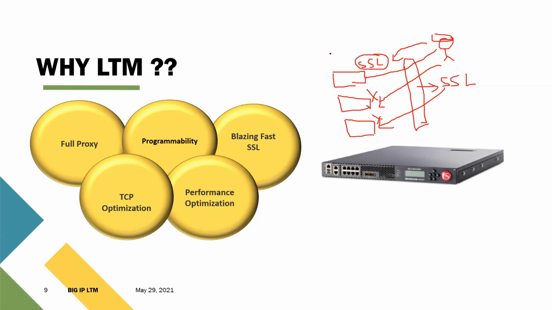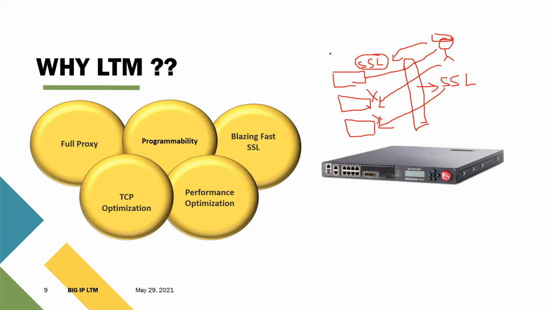Now let's talk about TCP optimization and performance optimization. Performance optimization is something I just briefly gave you an example of with SSL offloading. As I mentioned earlier, this is not just a web server, it is a virtual server.